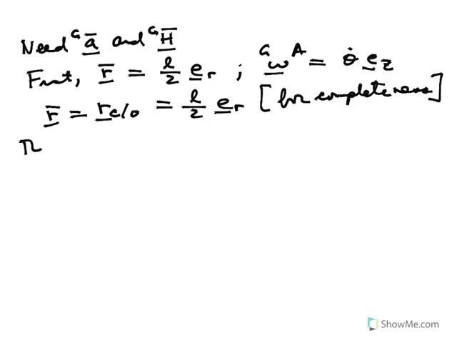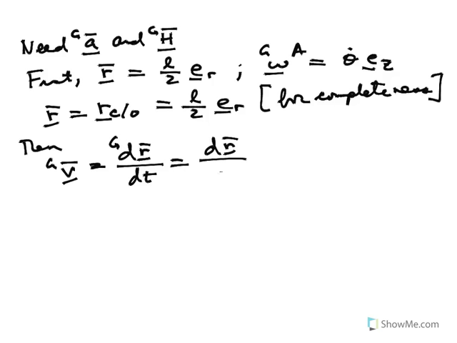So then the velocity of the center of mass is equal to the rate of change of the position of the center of mass in the ground, but that's equal to the rate of change of the position of the center of mass relative to the arm plus the angular velocity of the arm in the ground crossed with the position of the center of mass.